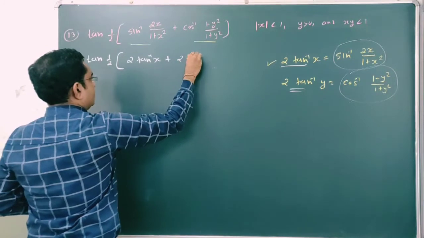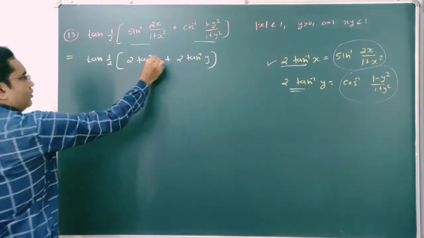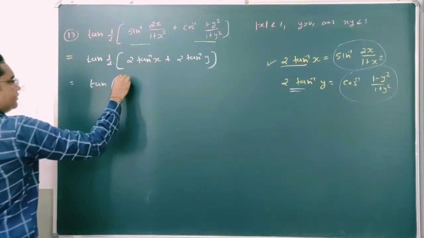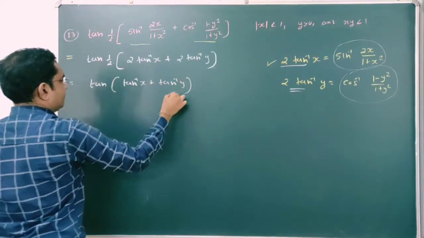Now 2 is common, so the 2 will cancel. So we have tan of tan inverse x plus tan inverse y.